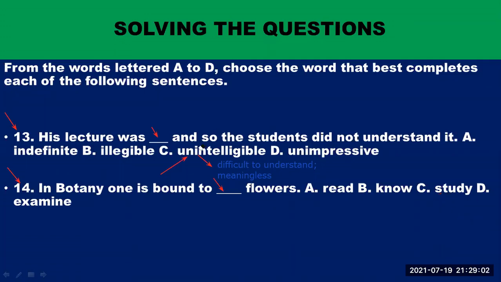Question 15. Harry cannot do without his dash of short stories because he loves reading.